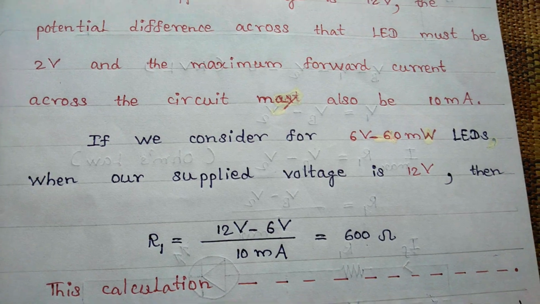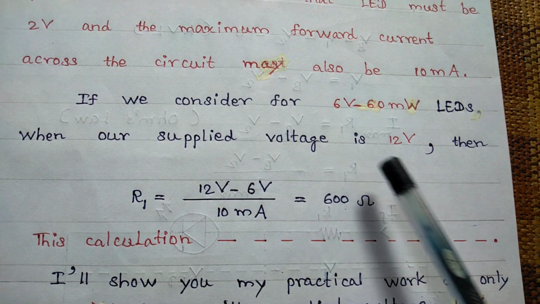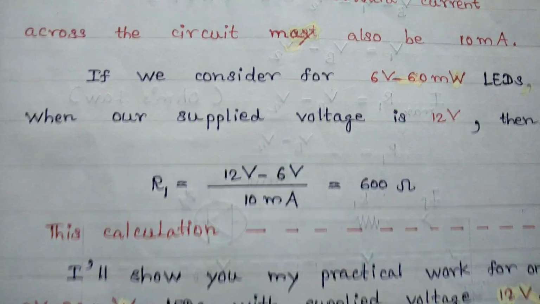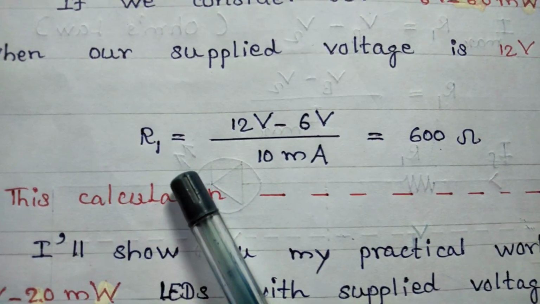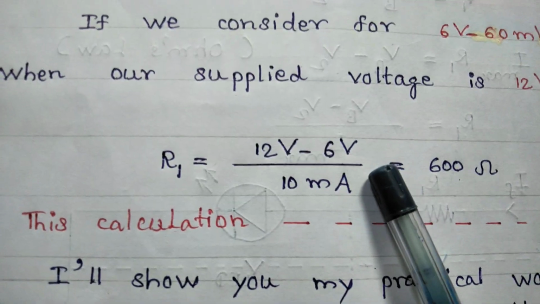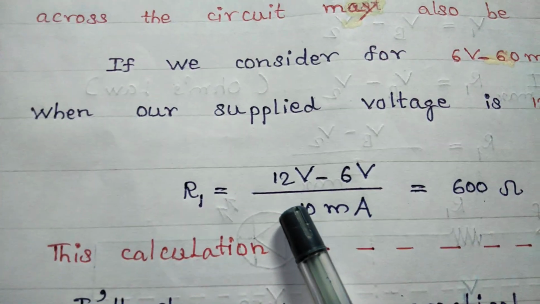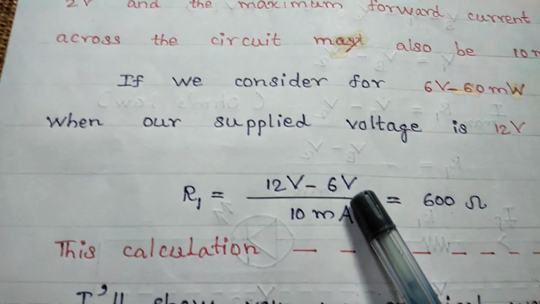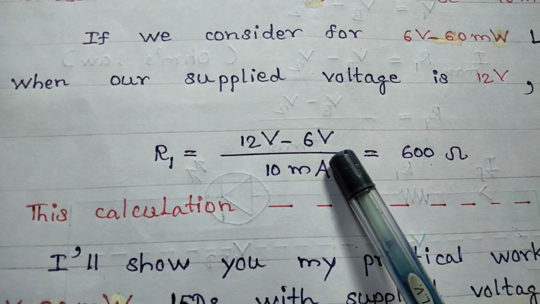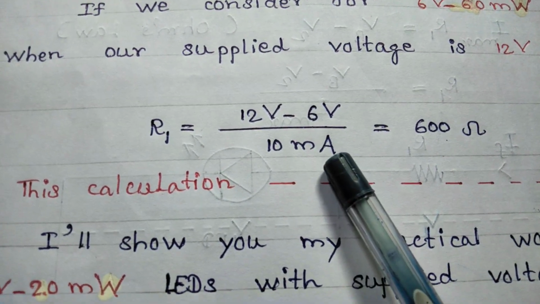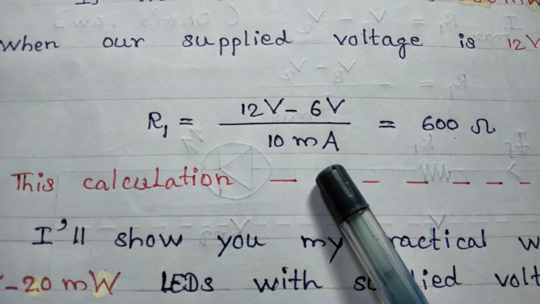If we consider a 6 volt 60 milliwatt LED, when our supply voltage is 12 volts, then we can easily calculate the value of the first resistor R1 like this. R1 equals 12 volts minus 6 volts divided by 10 milliamp. This 12 volt is the power supply, the voltage of the battery. This 6 volt is the potential difference across the LED, or the voltage of the LED. This 10 milliamp is the ratio of the LED's power to its potential difference.